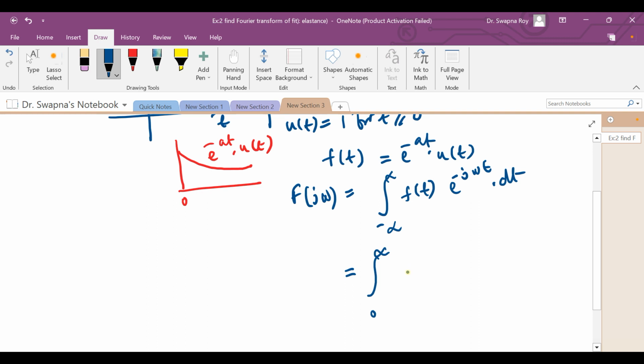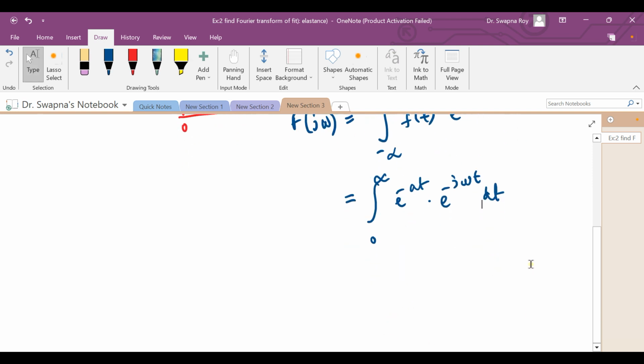In place of f(t), we write e^(-at), and u(t) is equal to 1, and e^(-j omega t) dt. So this is equal to the integral from 0 to infinity of e^(-(a + j omega)t) dt.